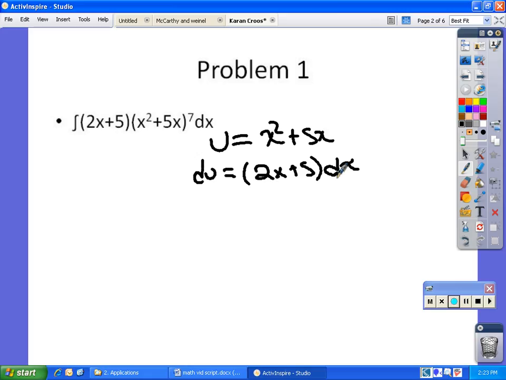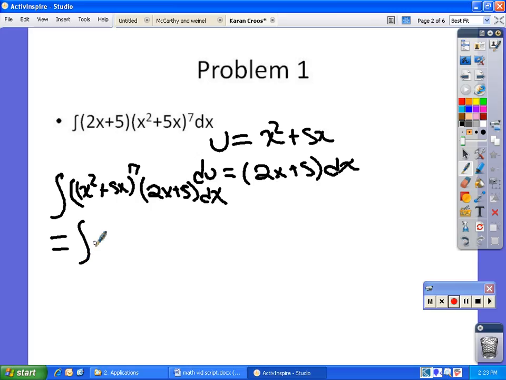And then you plug du back into the equation in u, and you get the integral of (x² + 5x)⁷ times (2x + 5) dx, which equals the integral of u⁷ du, and the integral of u⁷ du equals u⁸/8 + c.